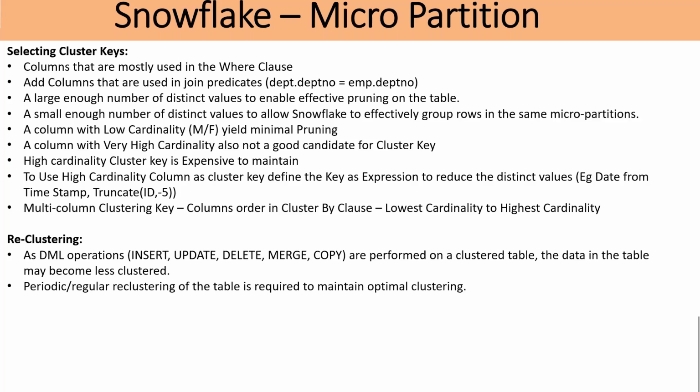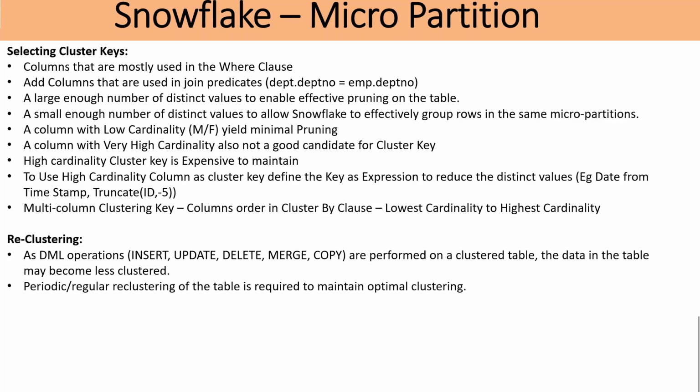For example, a timestamp with milliseconds is always high cardinality, because even with 100K records, the nanoseconds vary every second. There are about 100,000 nanoseconds in a second or something, I forgot, and each record will have a different nanosecond.